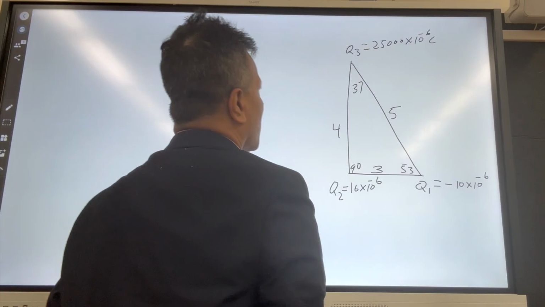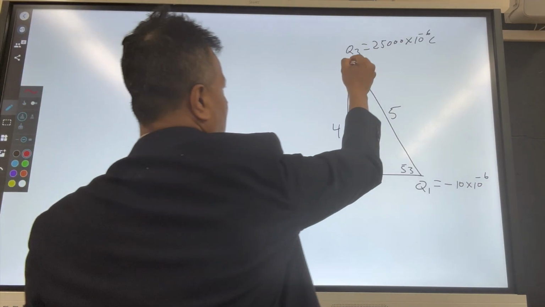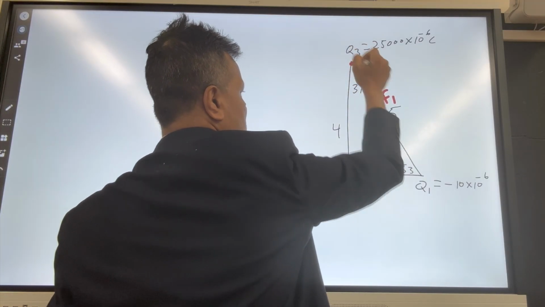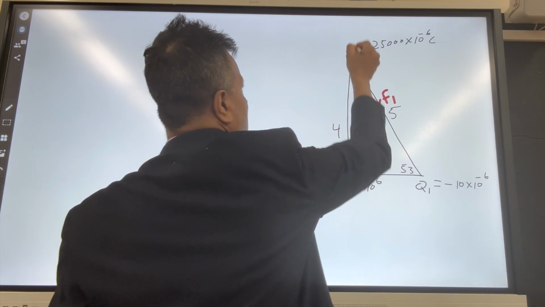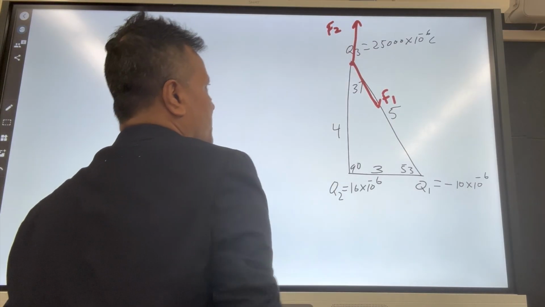What I ask you to find at location Q3 is the force F. So this is F1, because positive and negative attract. And this is F2, because positive and positive repel.